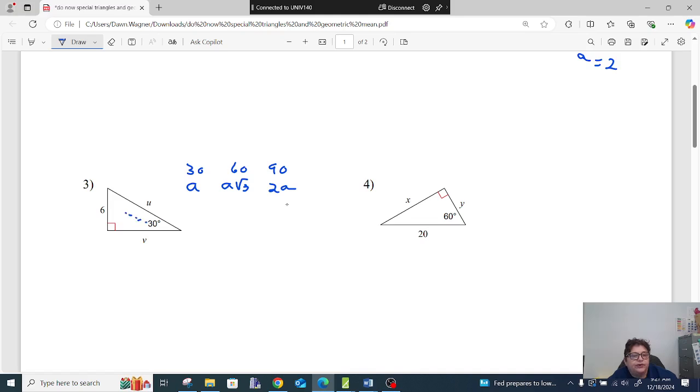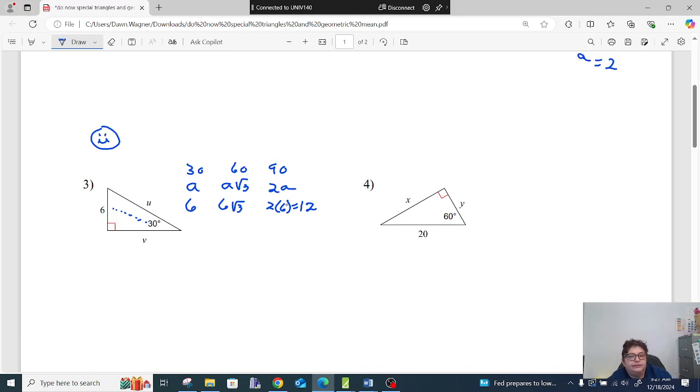Across from the 30 was given. So those make it easier because I don't have to solve for a. So a is equal to 6. And wherever I see an a, I just put in 6. So 6 square root 3 and 2 times 6 is equal to 12.